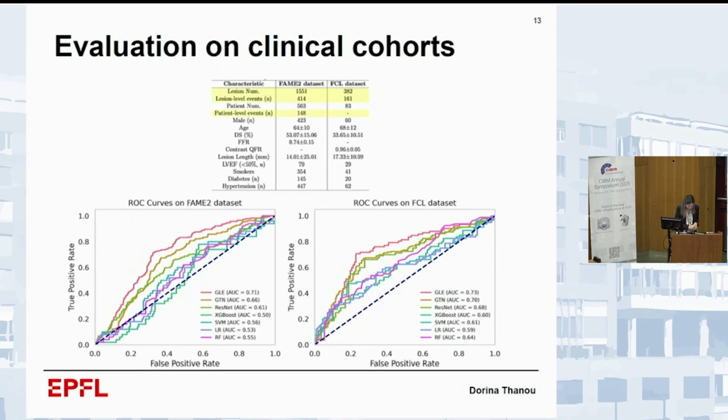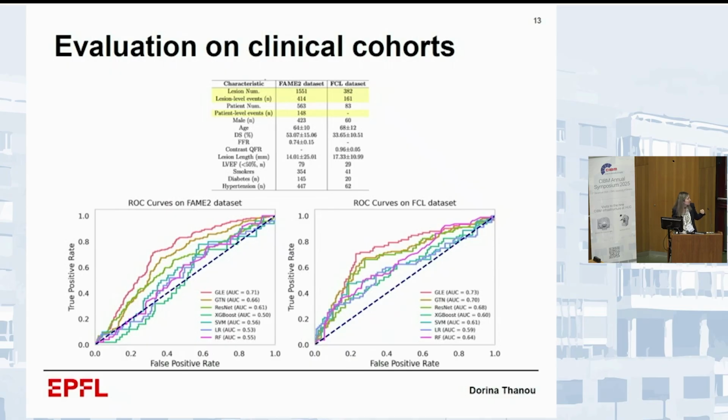If we briefly check the results of how it works, the results are quite encouraging. We have been testing it in two clinical cohorts, FAME2 and another smaller cohort from CIBM.